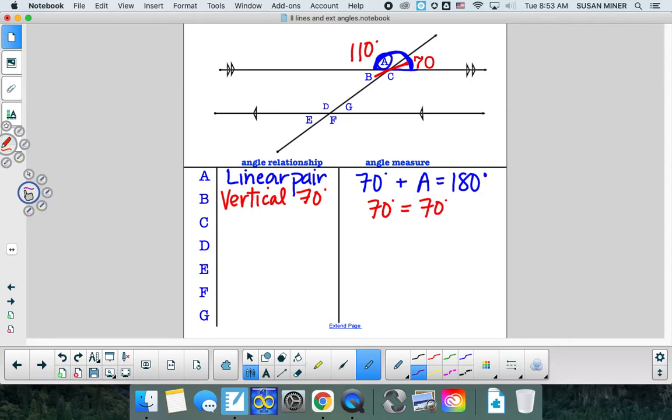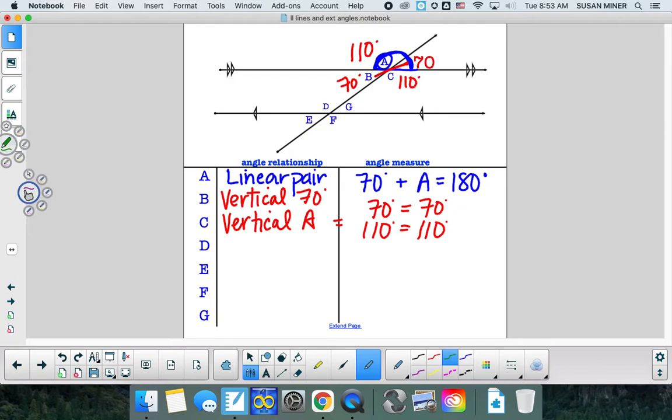So angle B has to be 70 degrees. Angle C is also a vertical angle, but angle C is a vertical angle to angle A. Angle A was 110 degrees, we decided, so angle C has to be 110 degrees.